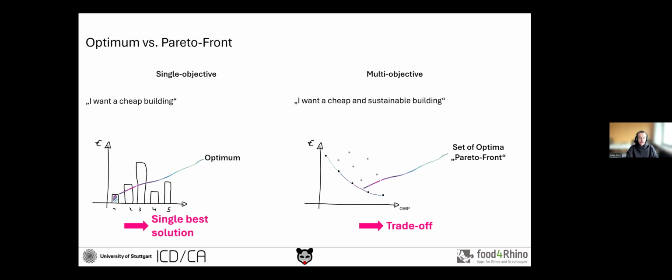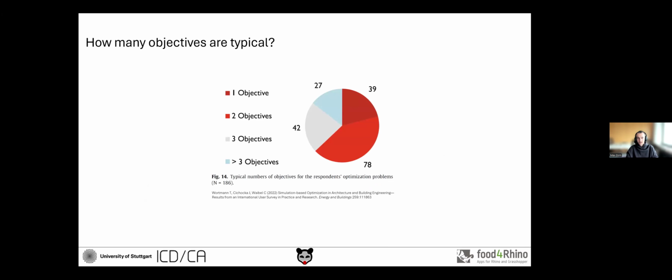Exactly. And while we are informed, let's say, about the single best solution or a ranked list of solutions in single objective optimization, multi-objective optimization informs us of the trade-off between the objectives that we chose.